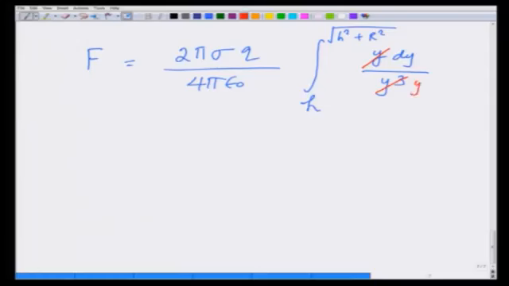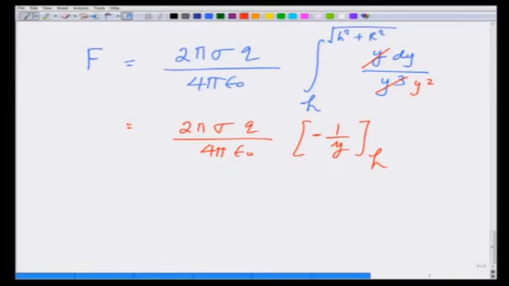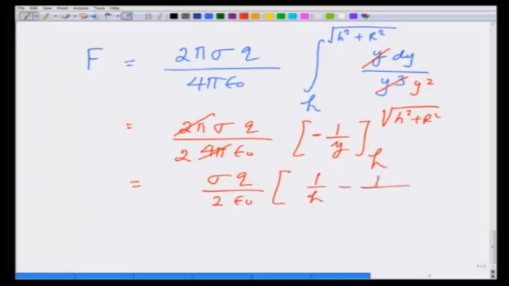This gives me 1 over y with a minus sign, from h to square root of h square plus r square, and that answer comes out to be 2 sigma q over 2 epsilon 0 times (1 over h minus 1 over square root of h square plus r square), and this is going to be in the vertical direction.